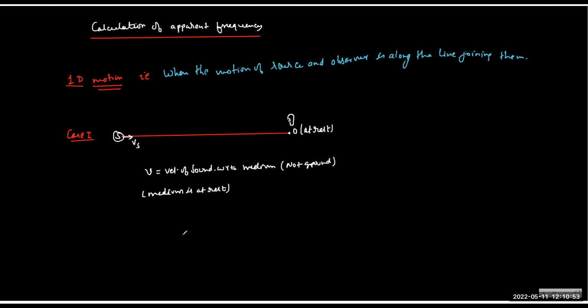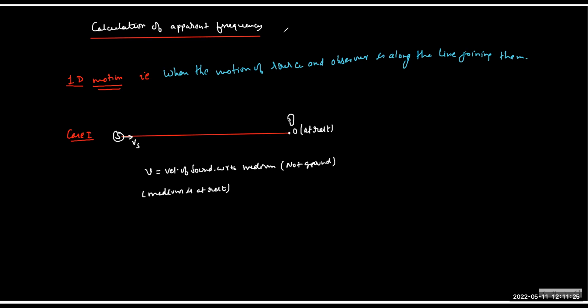If the wind is moving away, then the sound will travel towards you, but the medium will carry it left or right, so it may take a different time to reach you. So the velocity of wind will affect the velocity of sound with respect to the ground, but not with respect to the medium. With respect to the medium, the velocity of sound is the same in all directions. With respect to the ground, it may change because of the motion of the medium.